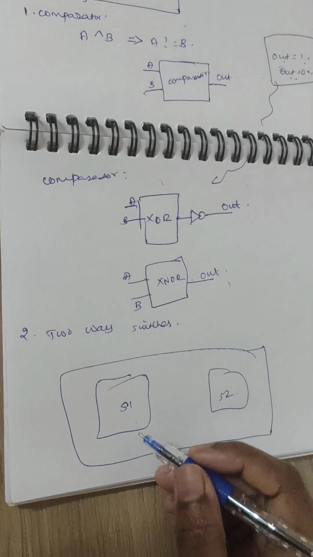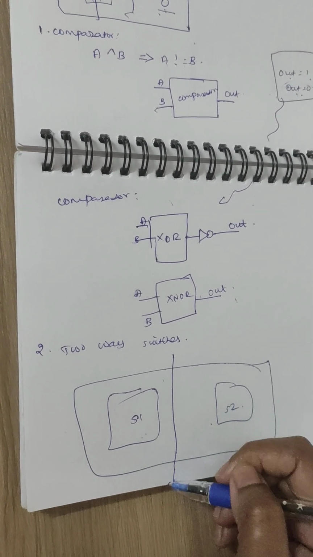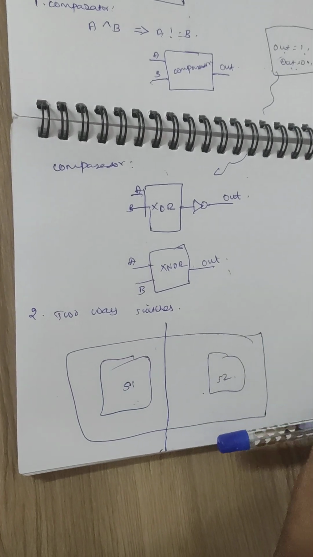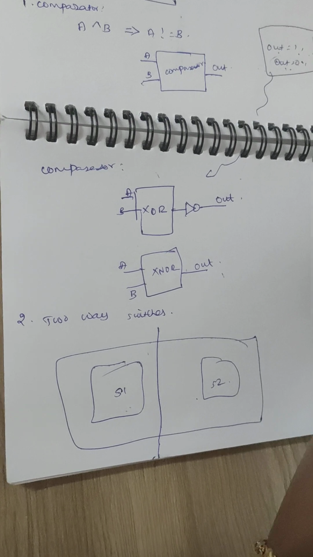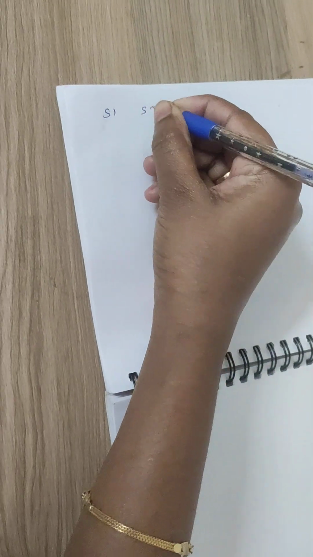For two-way switching, in two places of your home you will have two switches. This is switch 1 and this is switch 2.